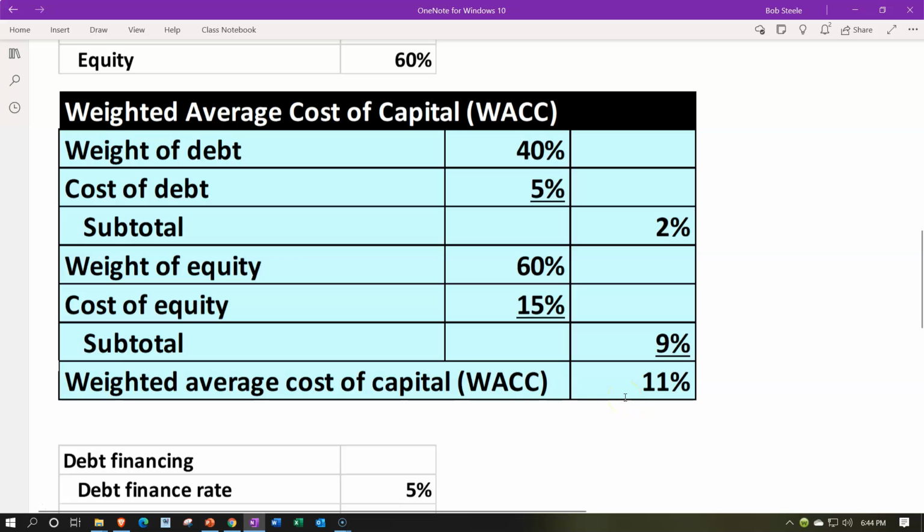This is often our cost of capital, in other words, our required rate of return that we might then use when we're trying to determine which projects we might pick up with our capital budgeting decisions.